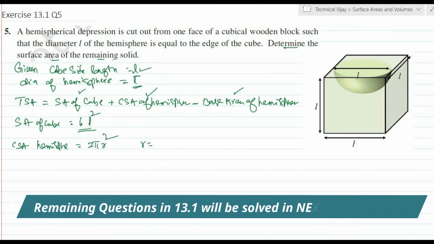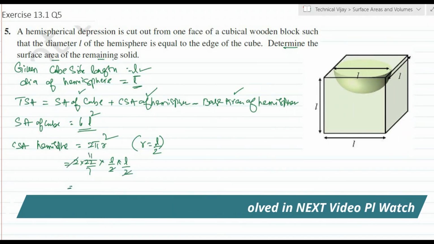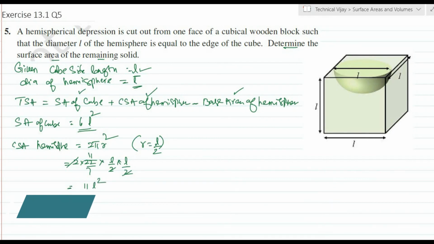Here the diameter is L, so the radius will be L by 2. So 2 into 22 by 7 into L by 2 into L by 2. This 2 gets cancelled, and we get 11L square divided by 7.